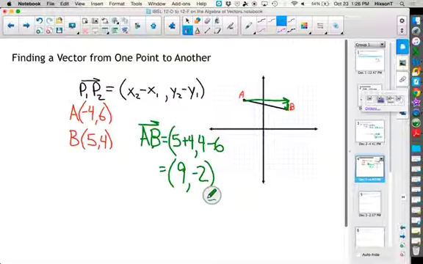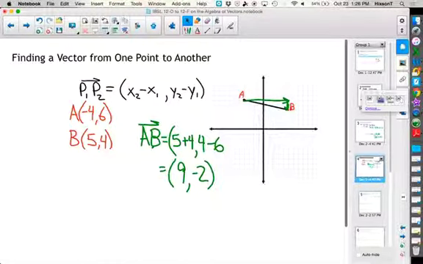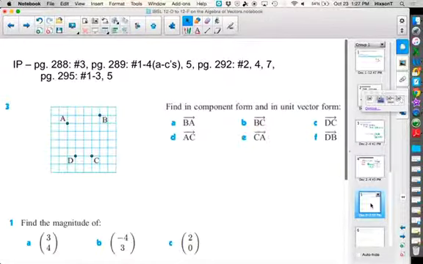Okay? So, that's really it. And we have covered in 2 days the first 6 sections of chapter 12. So, we're doing great. There's some practice, again, just a few here and there from the different sections.